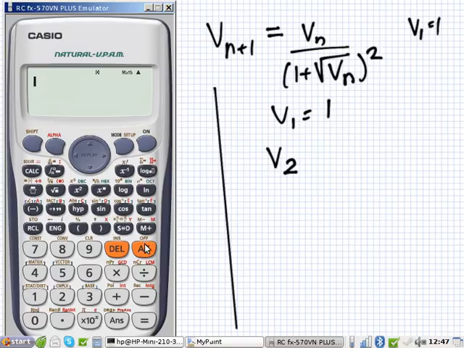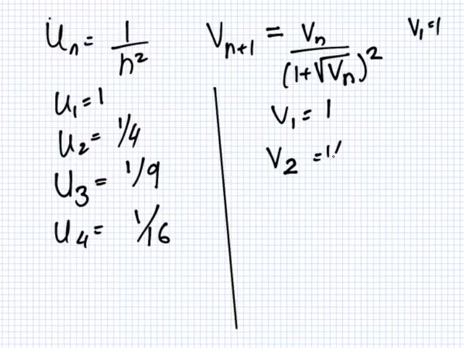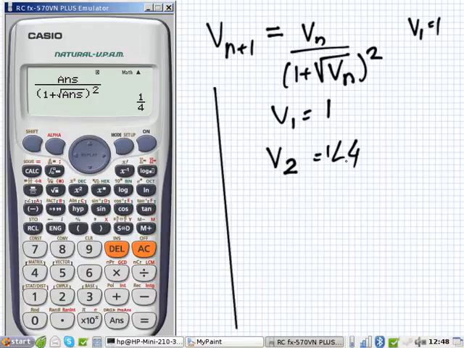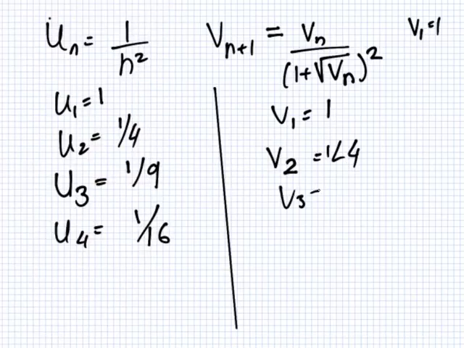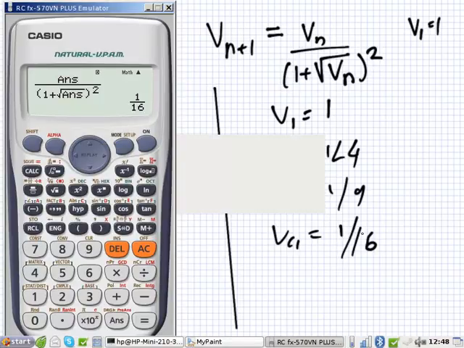I want to put in the formula so we can do it automatically. So we have the fraction, answer over bracket 1 plus square root of the answer, like this. So the next value is a quarter. And the next value is a ninth. And the next one, you won't be surprised to learn, it'll be a 16th.